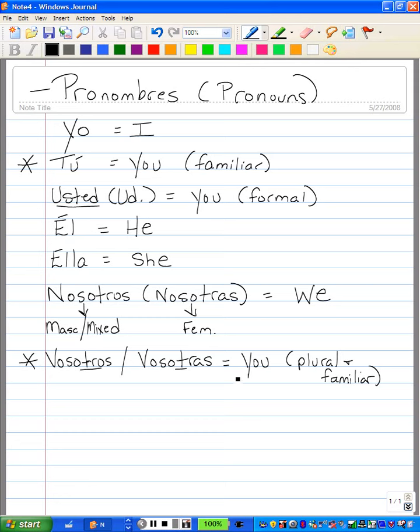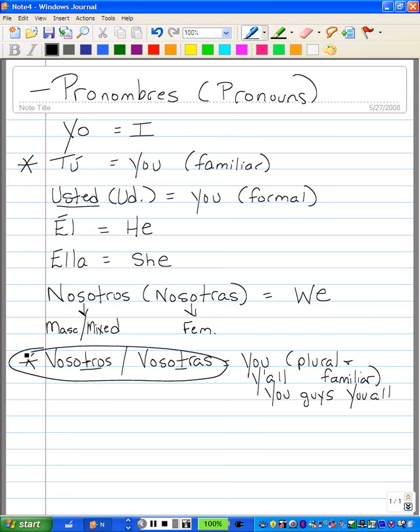In the South, we use the words y'all when we're talking to a group of people. You could say you guys, you all, etc. Vosotros and vosotras, however, are not widely used in Spanish books today. Vosotros and vosotras are typically still only used in Spain, certain parts of Spain, and in certain parts of South America.